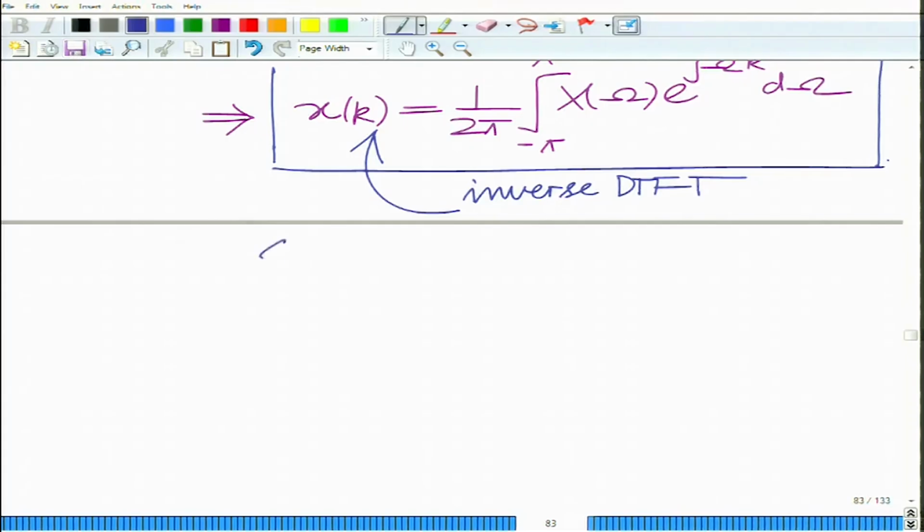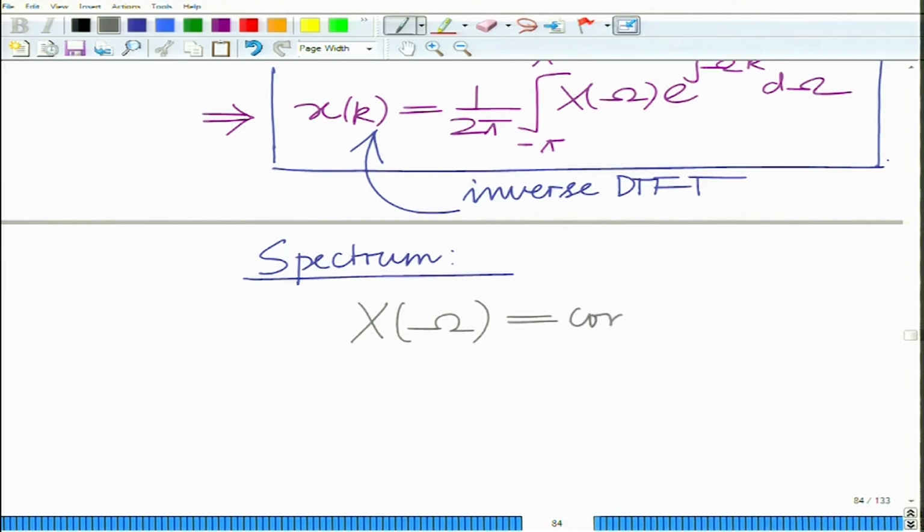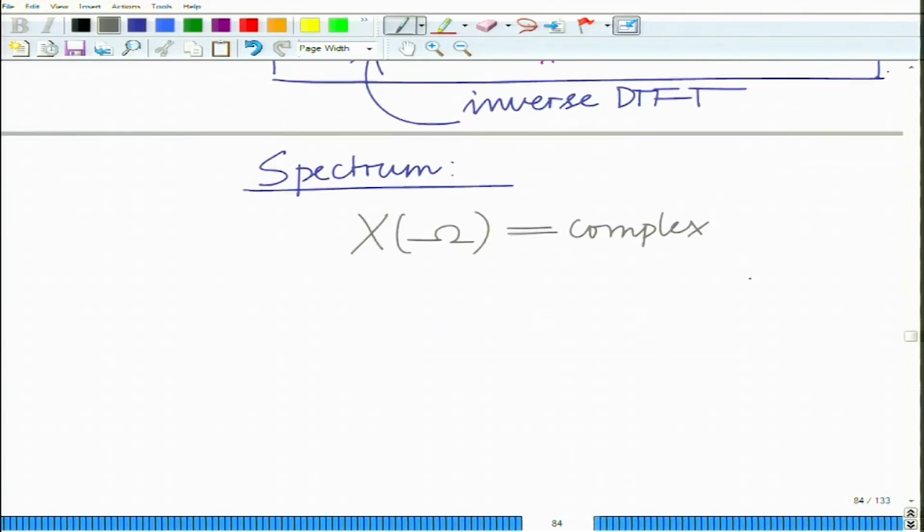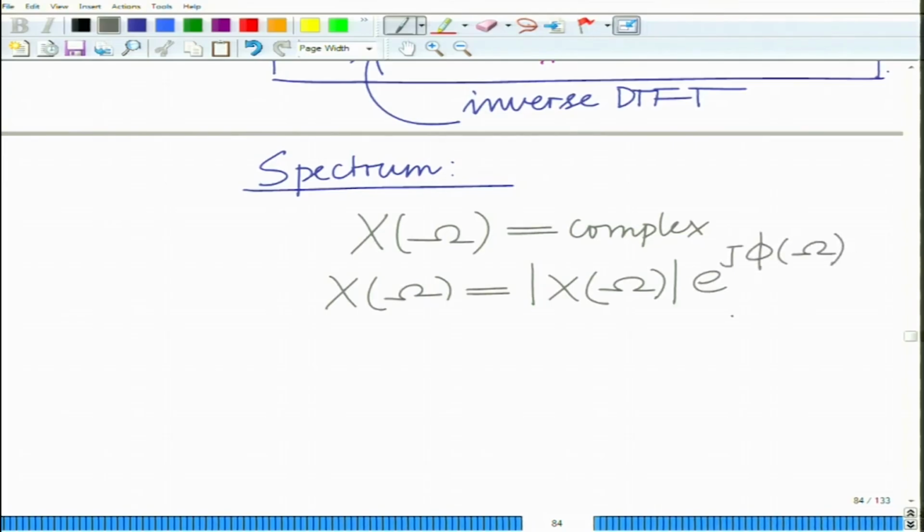Let us first start with the spectrum. Now, the spectrum X of omega in general, you can see that it is complex, and I can represent X of omega as magnitude X of omega times e raised to j phi of omega.